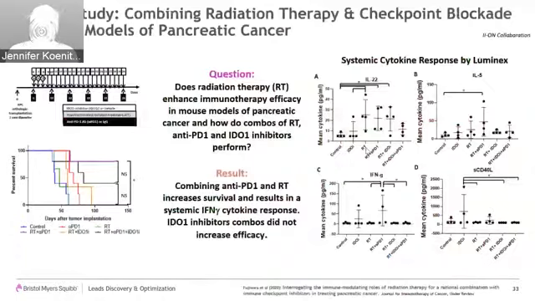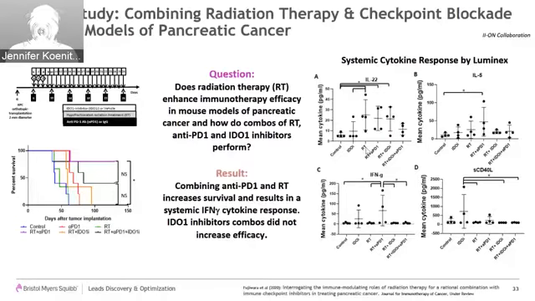My next case studies come more from the mouse in vivo work that we do, specifically from an orthotopic transplant model of pancreatic cancer. Here, the specific question was if radiation therapy, a standard of care approach, can enhance immunotherapy efficacy of PD-1 inhibitors or combinations of PD-1 and IDO inhibitors.